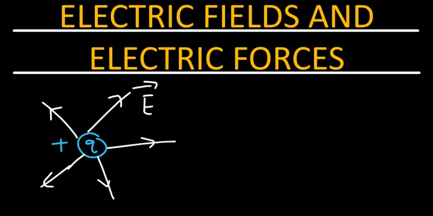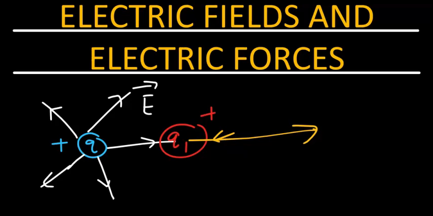Now let's bring in a second charge, Q1. Let's assume it's a positive charge as well. How does this charge react to the fields created by that charge? Since this is a positive charge sitting in the field of another positive charge, Q1 will be repelled by Q, like that, along the direction of the electric field.